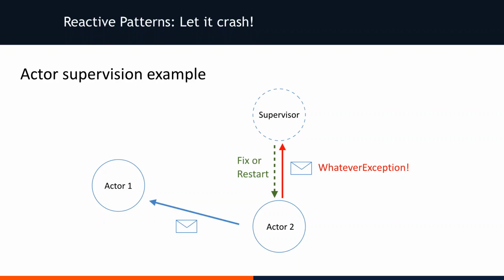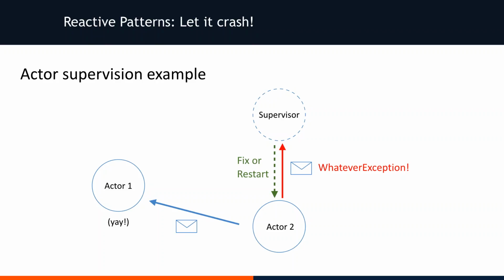Actor 2 sends a message to actor 1, which is happy that they received the message. But what's most important here is that besides being happy, the whole process of fixing and recovering from the failure was completely independent and transparent to actor 1. Actor 1 never realized that there was an exception in actor 2.